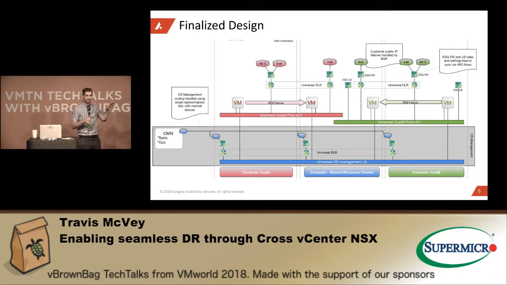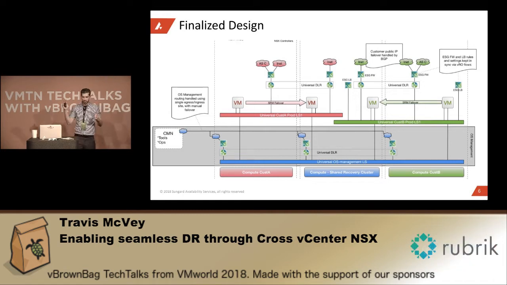So this is the design that we kind of came up with. We wanted to have this shared platform for our tools and all the sites so that when the VM got recovered, we knew we could still get to it, right? Management. We then wanted the customer to be able to fail over and keep the same IP. I haven't talked about this, but the universal distributed logical router is another universal object, and that needs to forward to the edge.